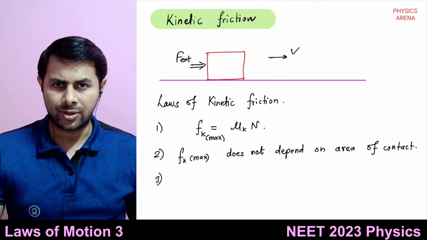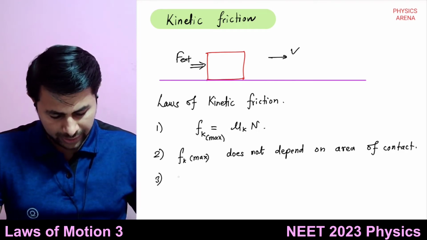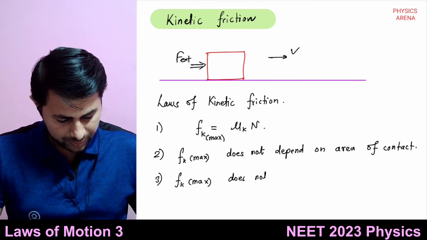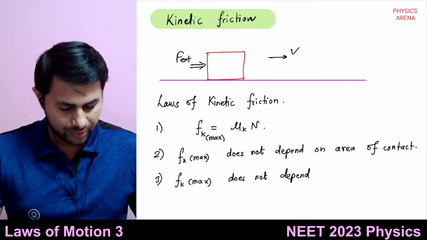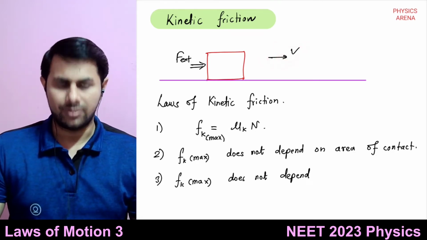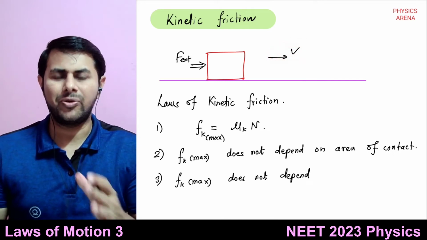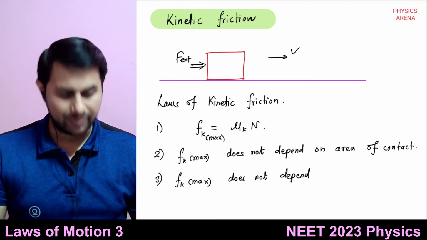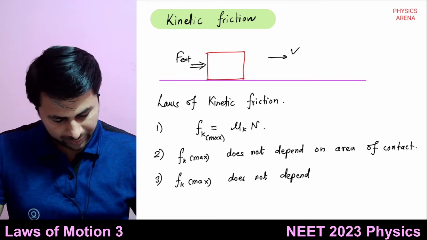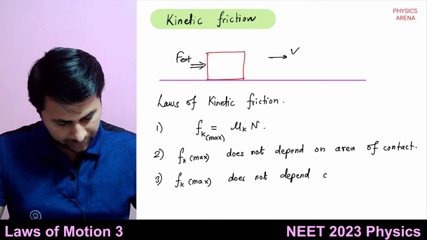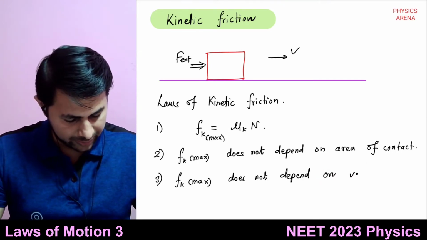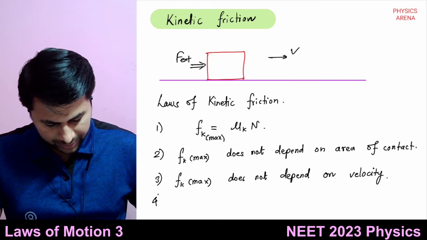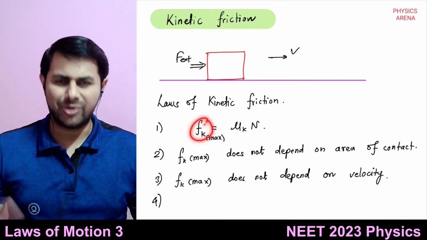It depends on the nature of the two surfaces in contact, and fk max does not depend on the velocity. It does not depend with what velocity you are sliding; the kinetic friction will be the same.